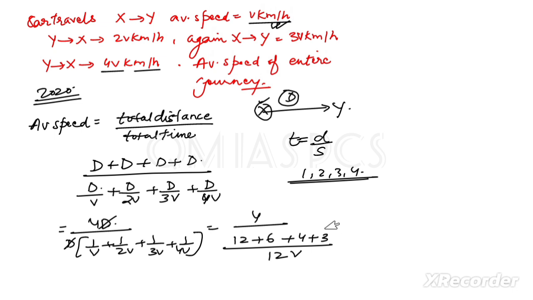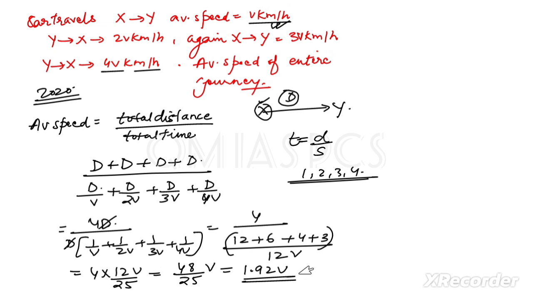Okay, so this is our value. 12 plus 6 is 18, 18 plus 4 is 22, plus 3 is 25. So here it is 4 multiplied by 12v divided by 25. So 4 multiplied by 12 is 48 divided by 25, and here is v. Okay, so we will have 1.92v.